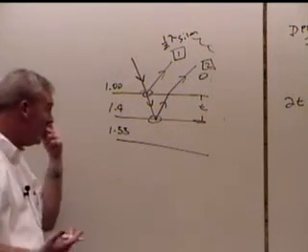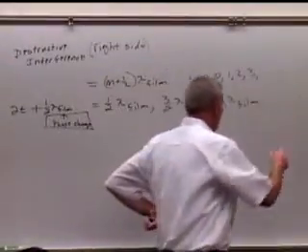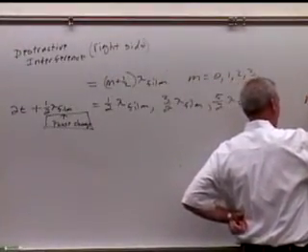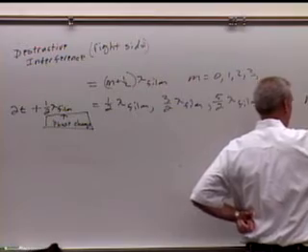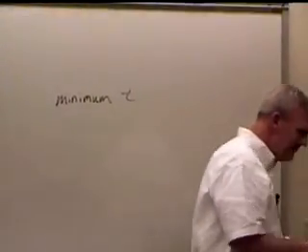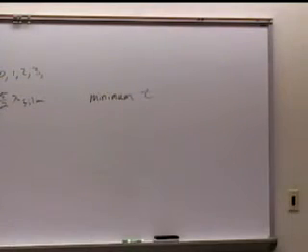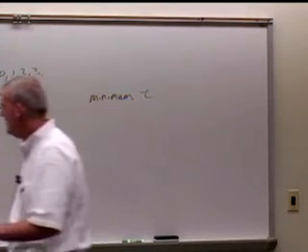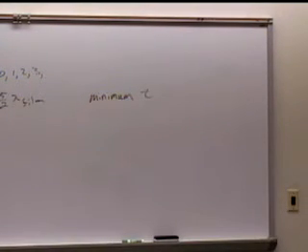And what we're trying to find is the minimum thickness, in case you forgot. Minimum T. We're trying to find the minimum of T. Okay? So now we just do some simple algebra. That's all we've got to do. Well, we've got 2T.